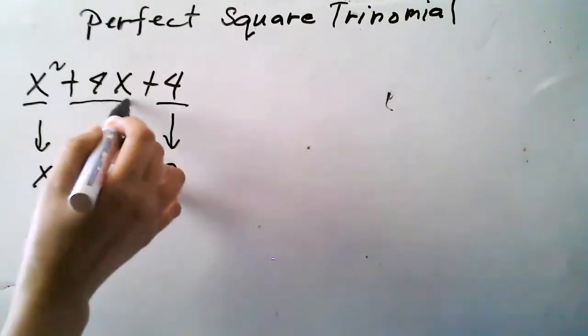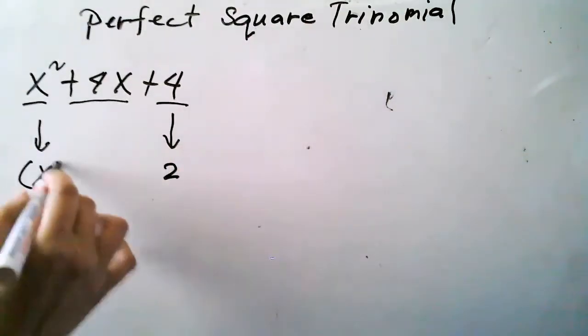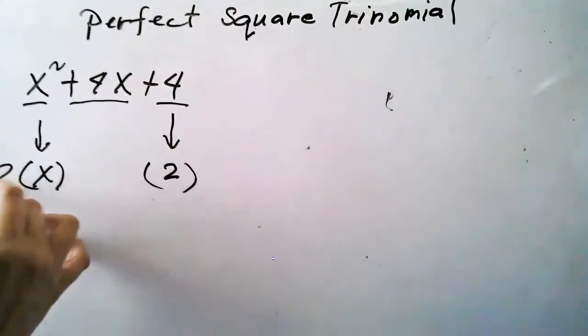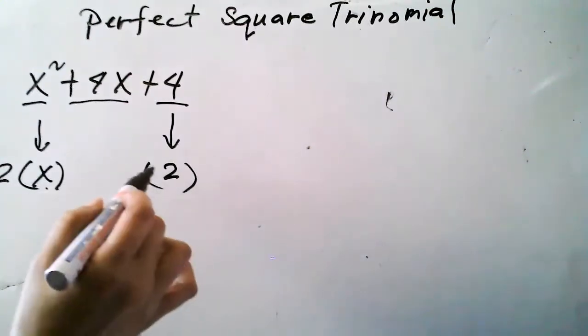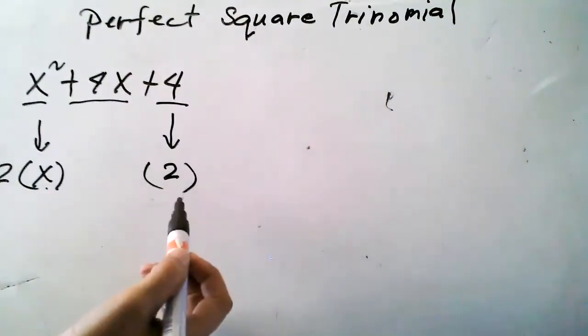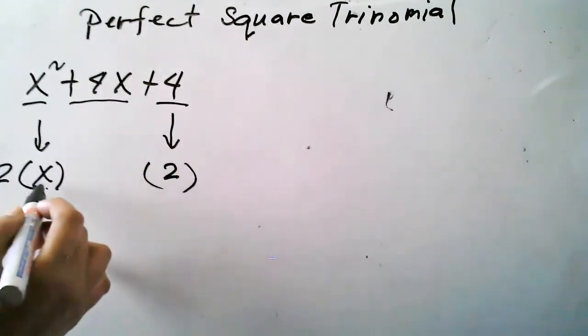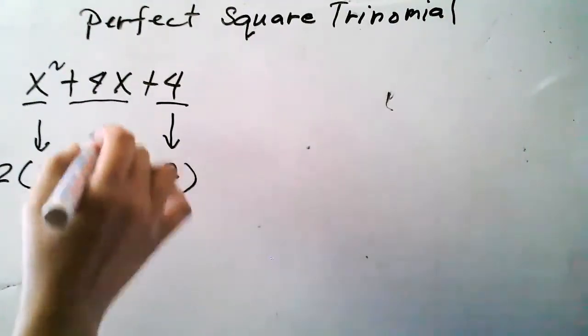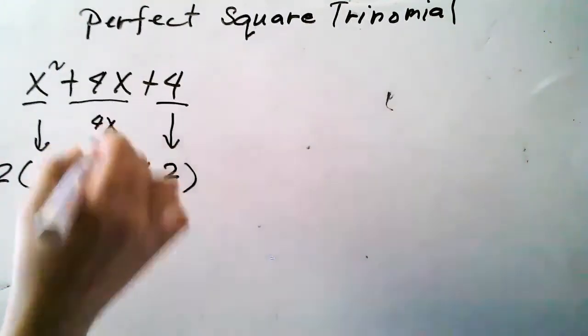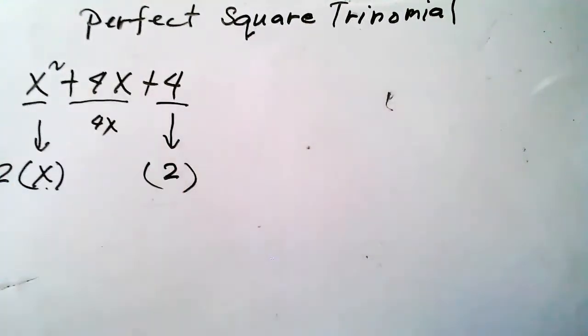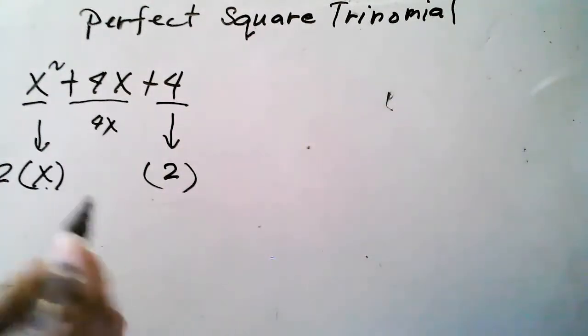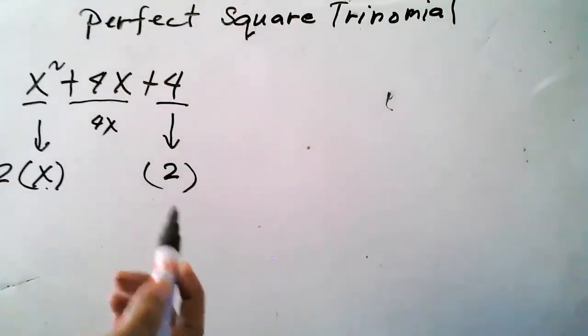And the middle term is twice the product of these square roots. So like 2 times x times 2 is 4x. Okay, so that is how you can determine if a given trinomial is a perfect square trinomial.